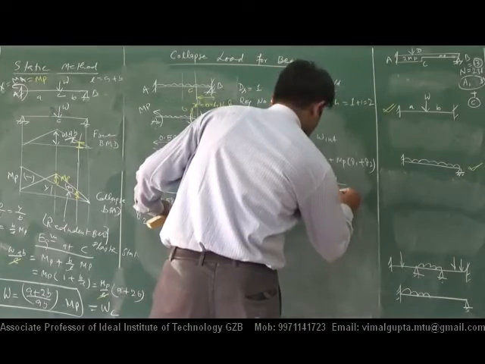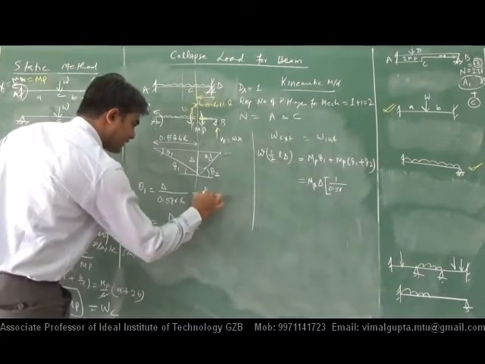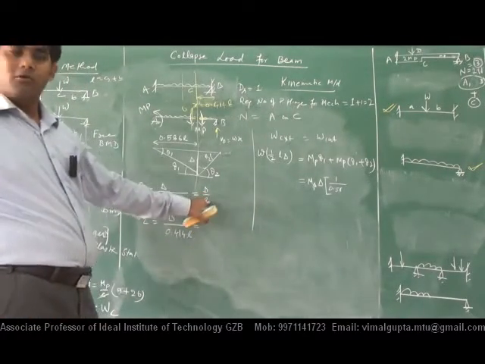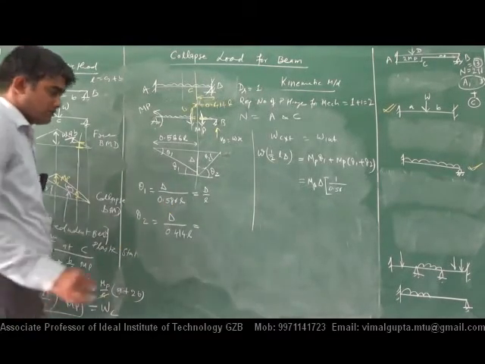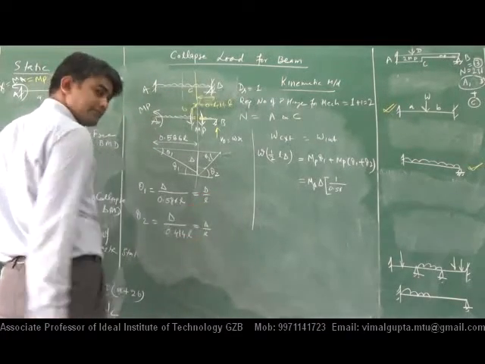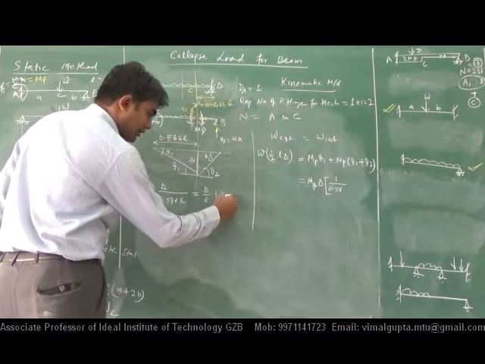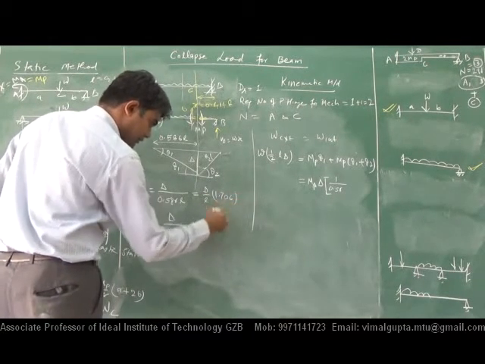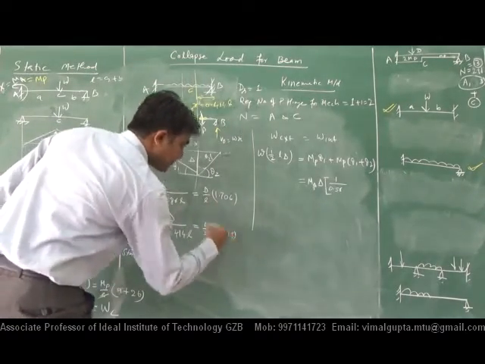So the value of this is 1 by 0.5, take it in there. Delta by L, how much is it? Do 1 by 0.586. What is that? 1.706, and that one is 2.415. So put that.